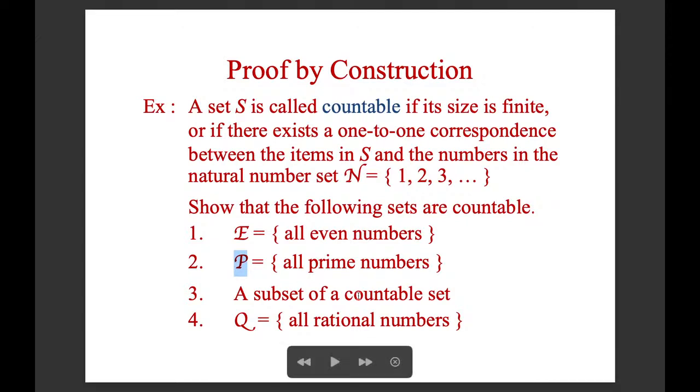Indeed, whenever we are talking about a subset of a countable set, then it must be countable. The reason is that originally the countable set tells us that the items inside this set, you can give them labels 1, 2, 3, and so on and so forth. If I have a subset, then I can ask, what is the smallest one that is still kept in this subset according to the labeling in the original countable set?